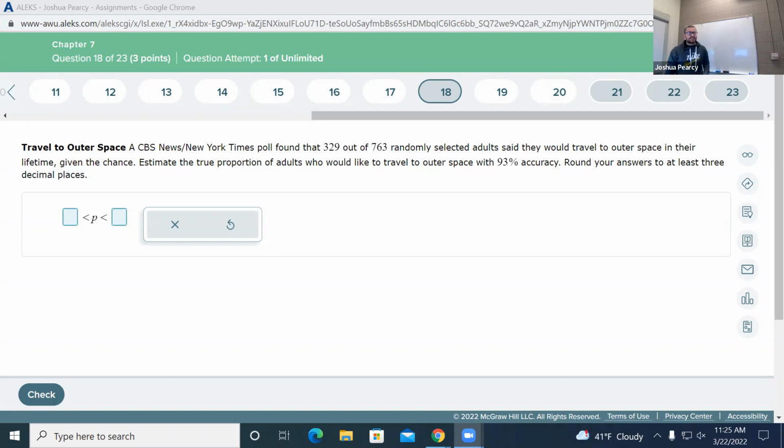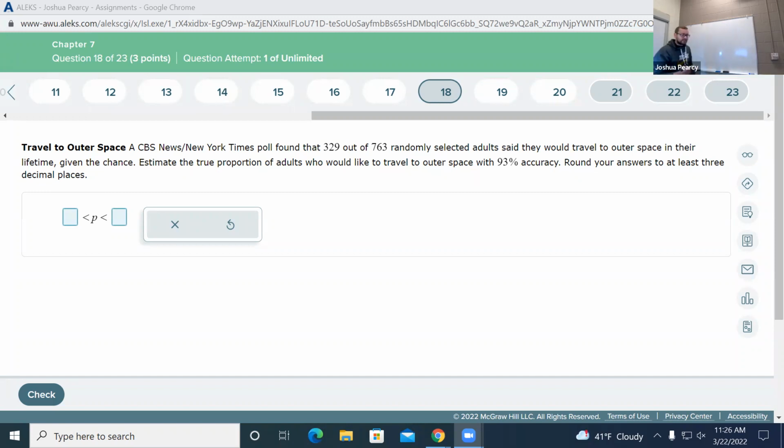A CBS News / New York Times poll found that 329 out of 763 randomly selected adults said they would travel to outer space in their lifetime. Given the chance, estimate the true proportion of adults who would like to travel to outer space with 93% accuracy. Round your answer to at least 3 decimal places. That is a weird confidence level.